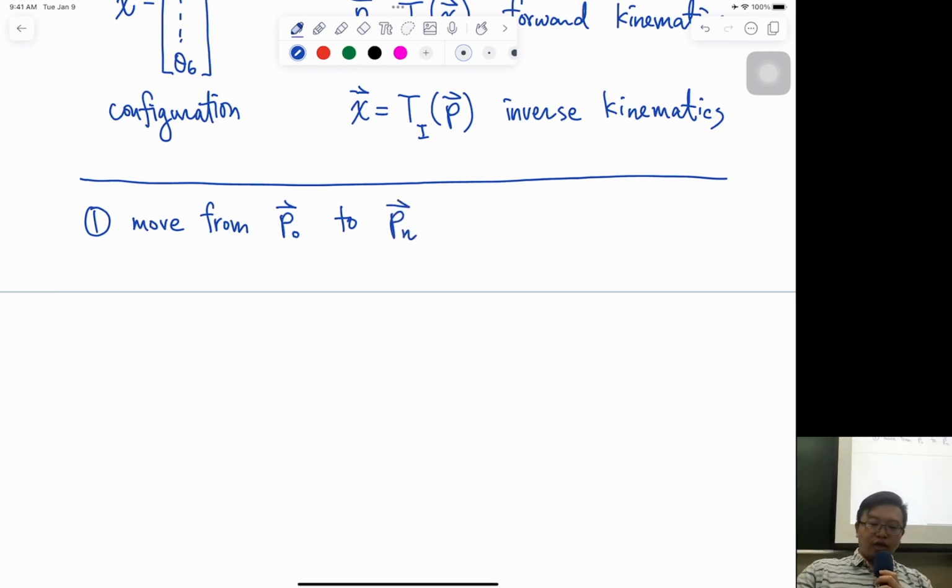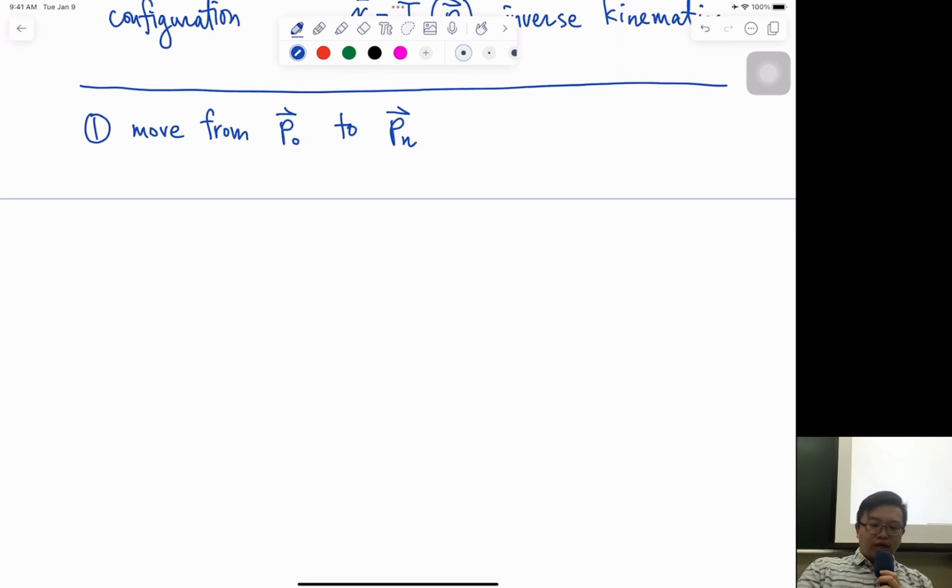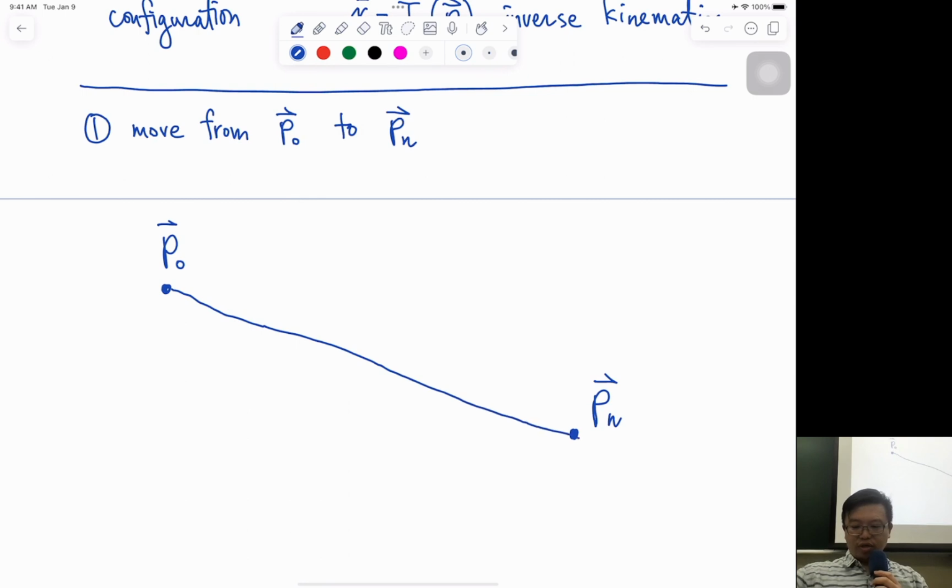So in the design space, this is the P0 point, this is the Pn point. If I want to move straight, then in the computer, you want the end effector to move straight from P0 to Pn.